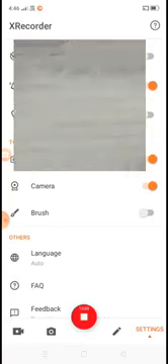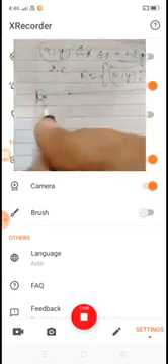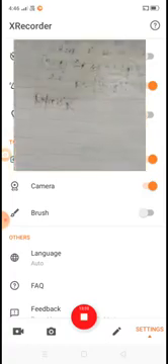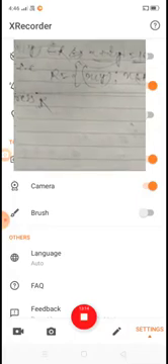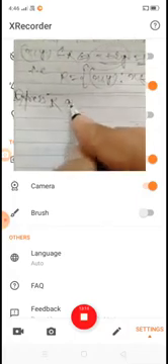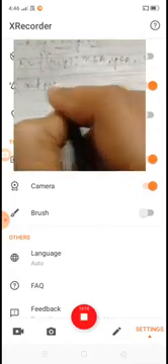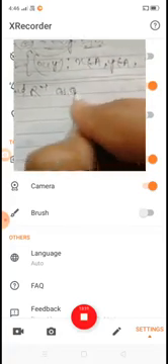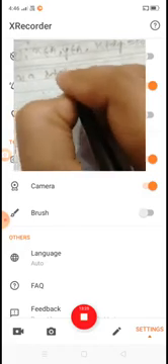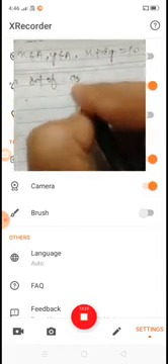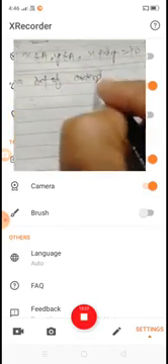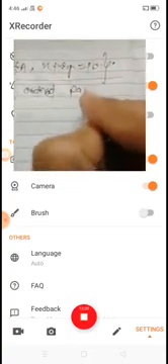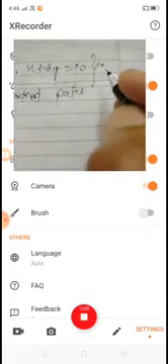Your question is: express R and R inverse as a set of ordered pairs.